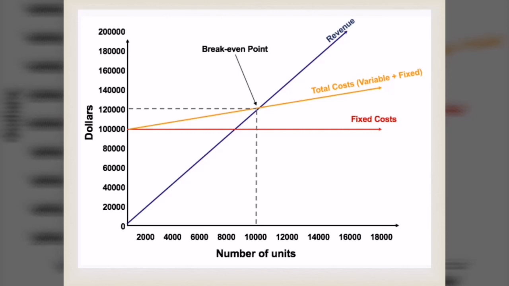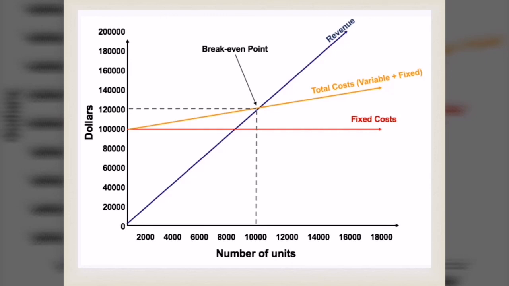At this point, revenue would be 10,000 times 12 equals 120,000, and cost would be 10,000 times 2 equals 20,000 in variable cost and 100,000 in fixed cost. When the number of units exceeds 10,000, the company would be making a profit on the units sold.